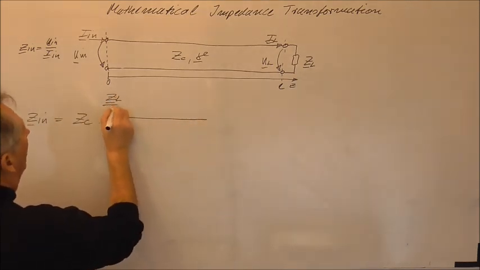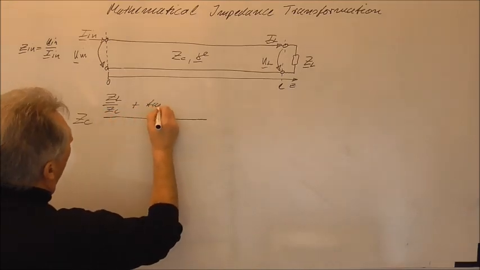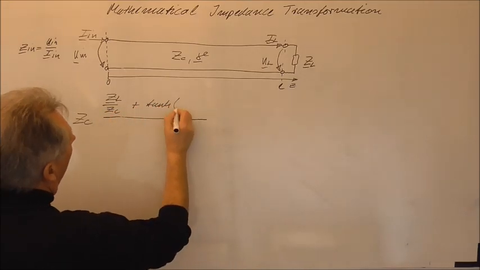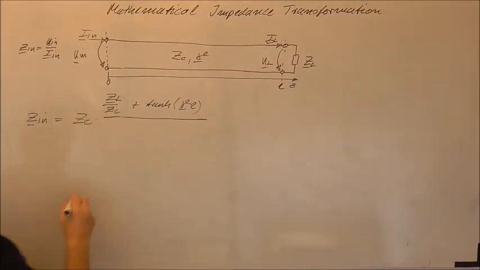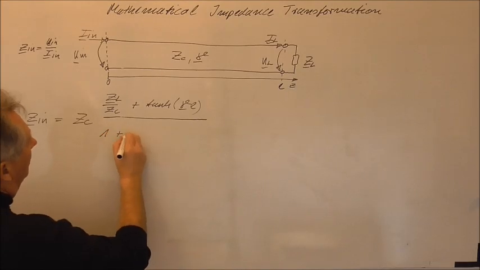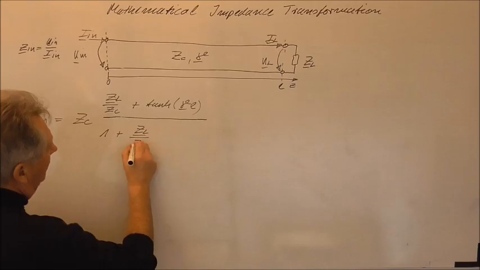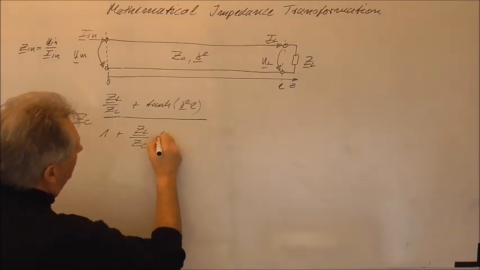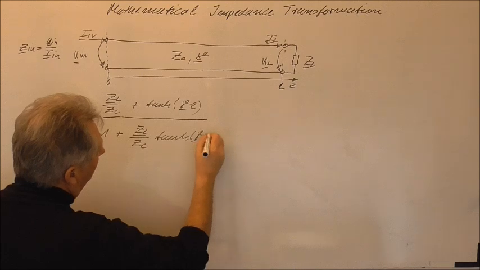(Z_L over Z_C plus tanh(γL)), and here we will have 1 plus Z_L over Z_C, and here also the same function tanh(γL).